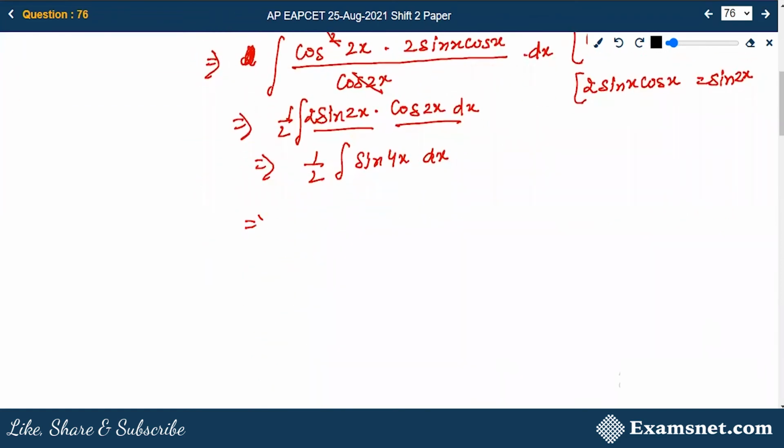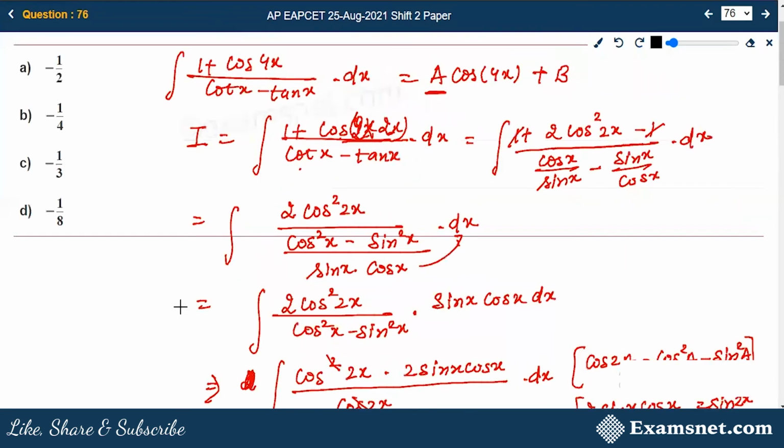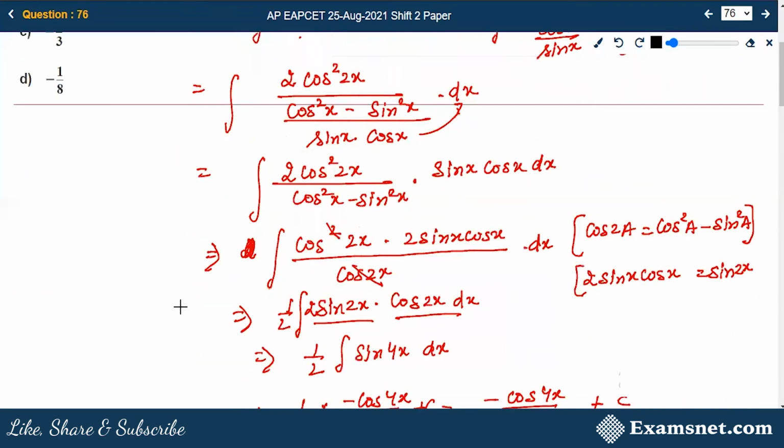Integral of sin x is what? Integral of sin x is minus cos x. So this will be half into minus cos 4x divided by the coefficient of x, which is 4. So this is minus cos 4x upon 8 plus some c. Correct? So over here, if I put this according to our question, it was a cos 4x plus b.